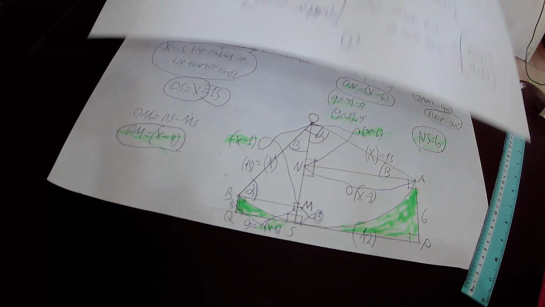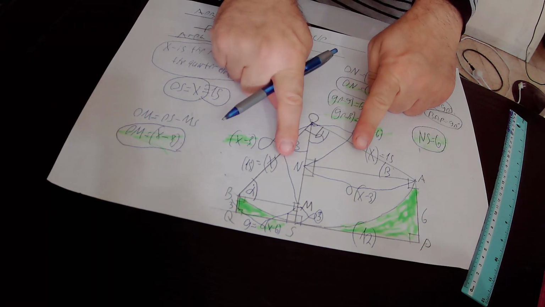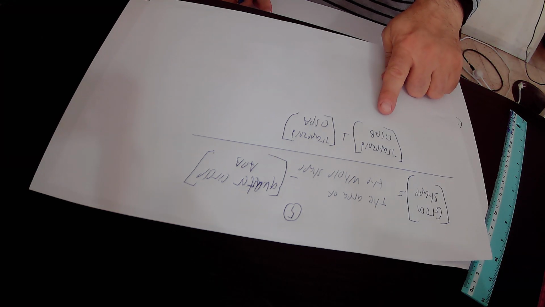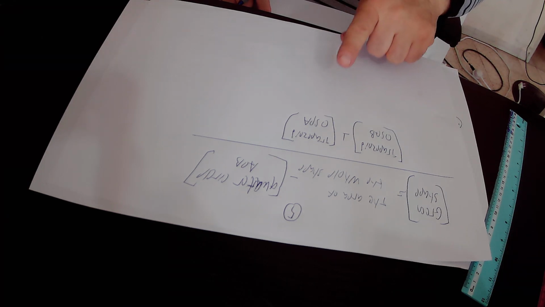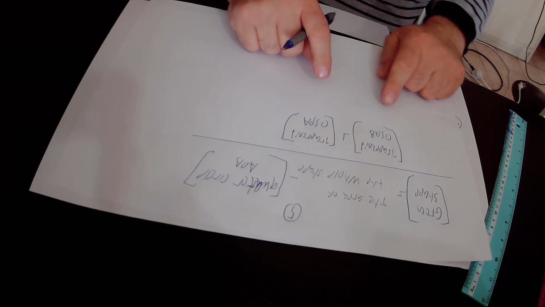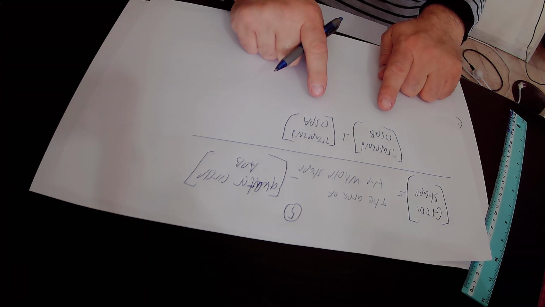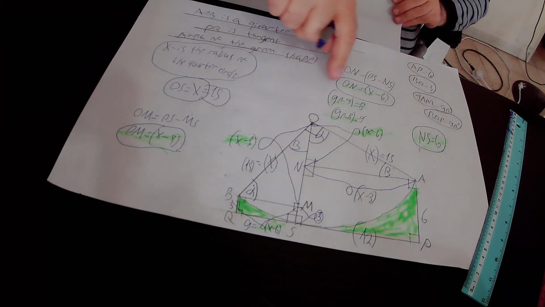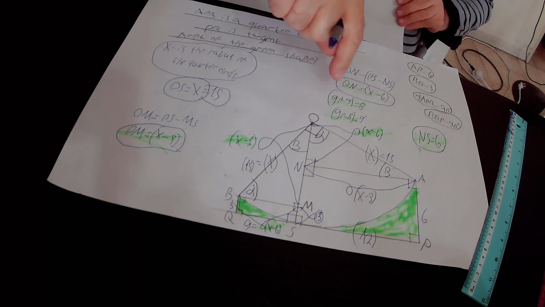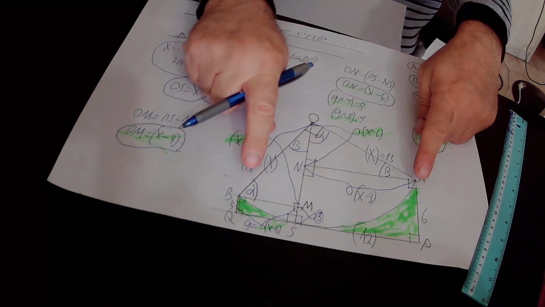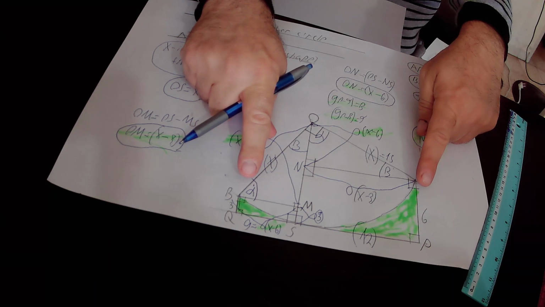I repeat again, the sum of the areas of those two trapezoids, that is to say the area of trapezoid OSQB plus the area of trapezoid OSPA, will give us the area of this whole shape, and the area of this whole shape minus the area of this quarter circle AOB will be equal exactly to the area of this green shape, that is the area that we are looking for.